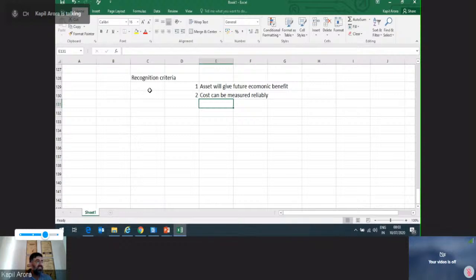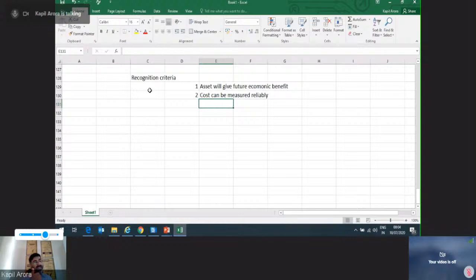For example, let's say you have purchased a land, but that land got acquired by the government for some general purpose, and they are not giving you any compensation also.